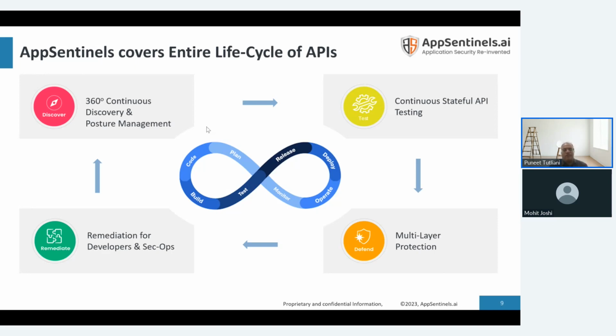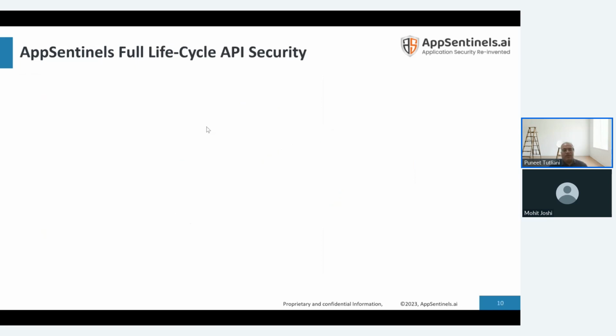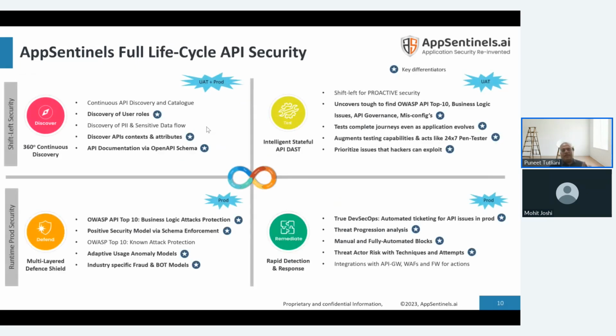So AppSentinels has some really interesting workflows for taking care of what the developer needs as well as what the SecOps team needs. This slide is a little more detail on my earlier slide, so you can quickly glance through it, as I've explained most of this already.